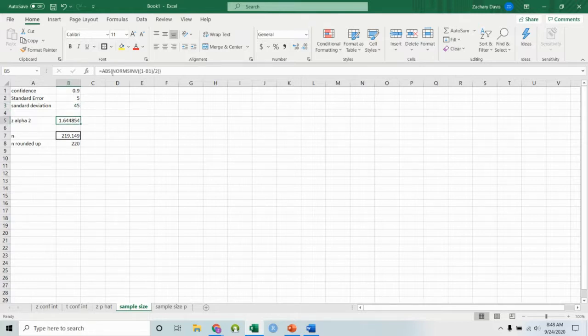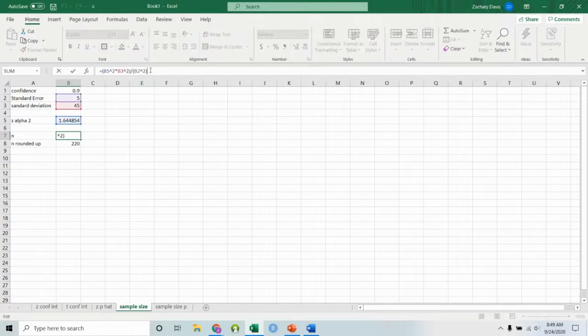We use this formula here. We need our alpha, so that's 1 minus 0.9, which is 0.1. We divide that by 2 to get 0.05. And that gives us a z alpha 2 of 1.64 drawn from the normal table.